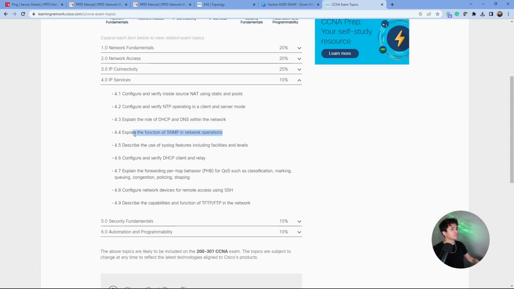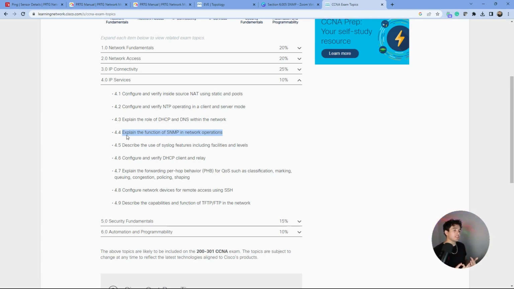If we were just trusting Cisco and that it's going to be that simple on the test, this lesson could be somewhere between 5 to 10 minutes. SNMP is a way to monitor and manage devices in a network. Boom, done. We could go over the UDP port and the versions, and we'd be good.